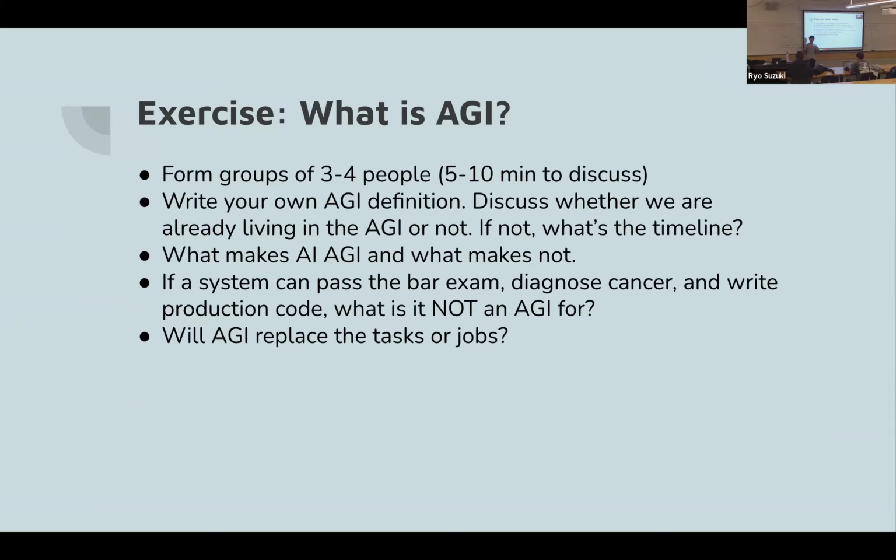AlphaGo Zero tried to iterate by itself, and it turns out AlphaGo Zero is much better than AlphaGo. This means that maybe at some point an AI doesn't have to learn from humans or internet data, but can learn on its own, and it might be the path to much more capable LLMs or AI, right? Yeah, so that's also a pretty good point.